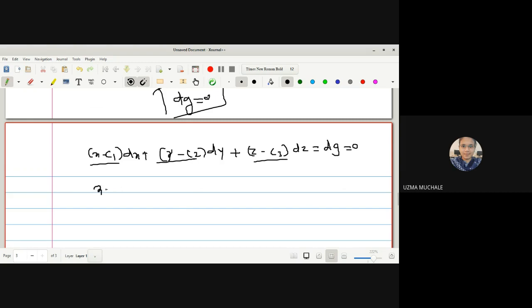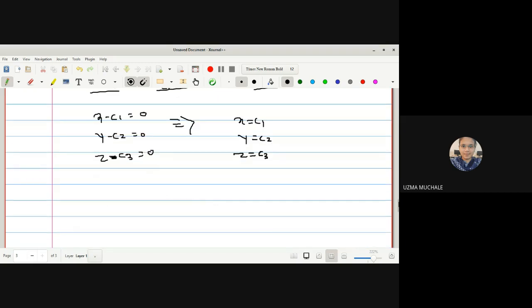So I can say that x minus c1 equals 0, y minus c2 equals 0 and z minus c3 equals 0. It ensures that x is equal to c1, y is c2 and z is c3. What does this mean? dg is equal to 0 only at the point (x, y, z) equal to (c1, c2, c3).